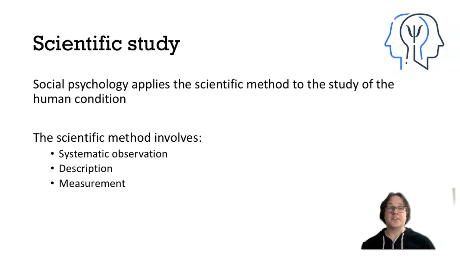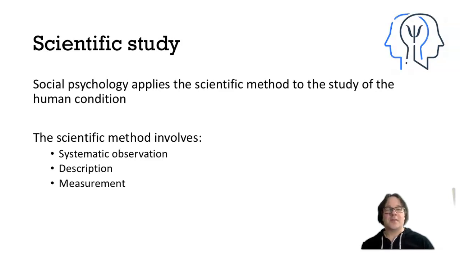It means that observations are going to take place in a uniform type of manner. The scientific method also involves description. So as a psychology student, as an undergrad and as a graduate student, while I did my people watching, I was in my head trying to make descriptions of what I was seeing, but mostly it was just for entertainment value, right?